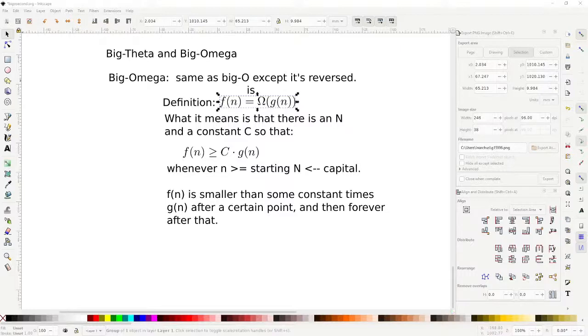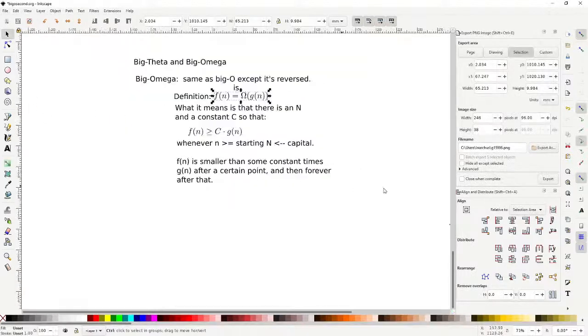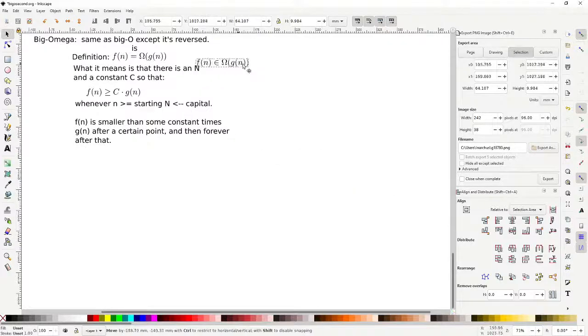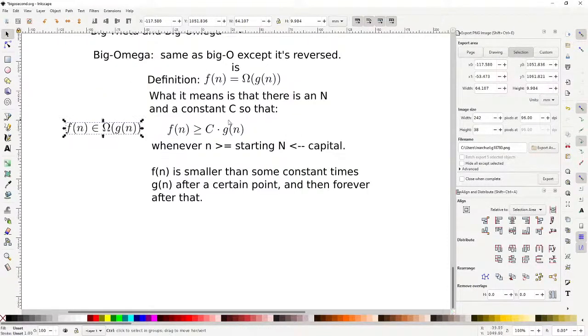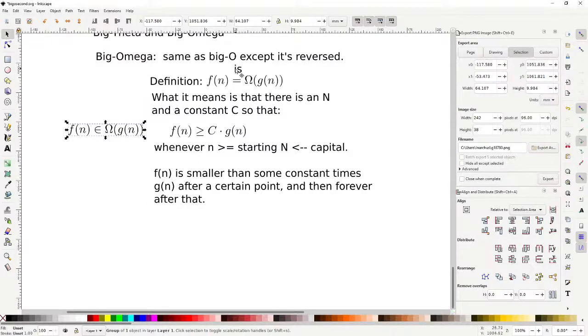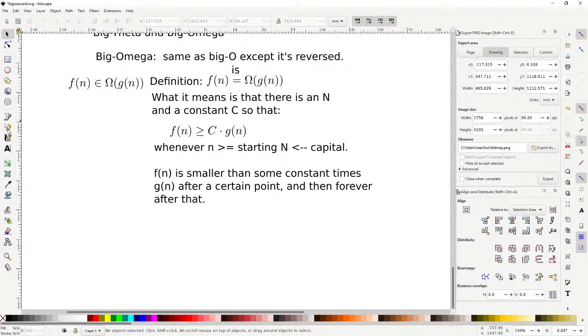And the reason why I prefer to use this set notation rather than anything else, and I may actually start using the set notation, I don't know. I might use the equals, I might use is. The problem is that textbooks are very inconsistent on this issue, and I don't see many textbooks choosing my answer.